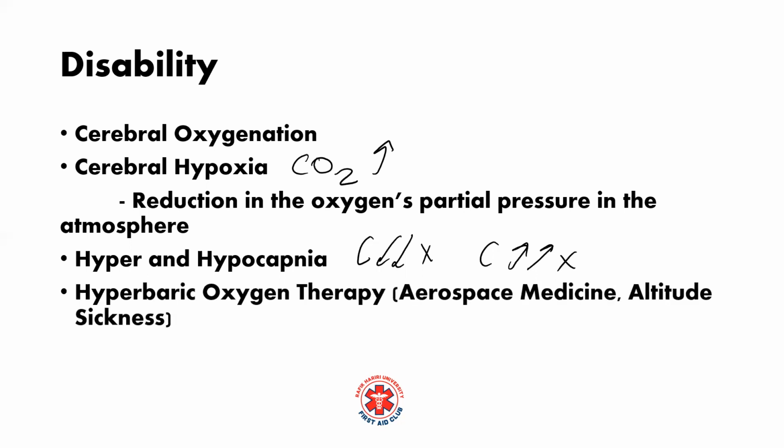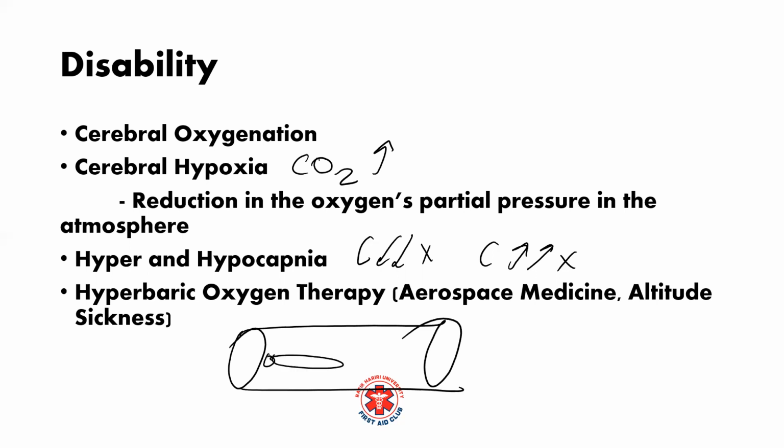Hyperbaric oxygen therapy is used for aerospace medicine and altitude sickness. This is basically a tube that they put you in, and they flush oxygen, a high partial pressure of oxygen, all around you so that it can highly perfuse the cells with oxygen.